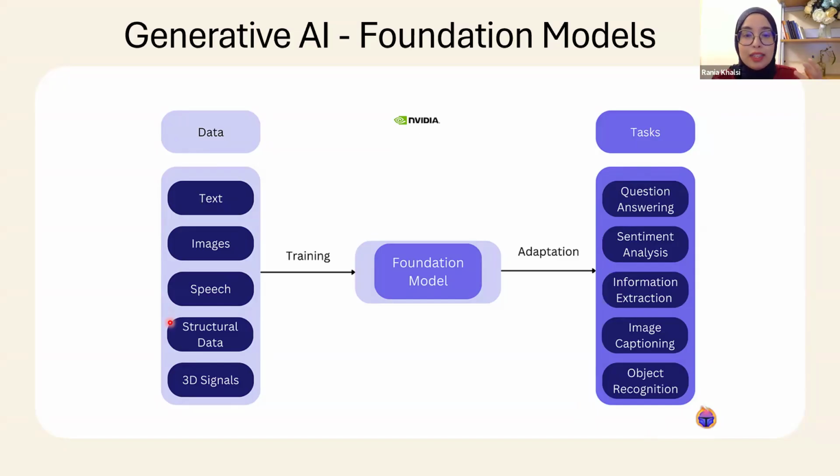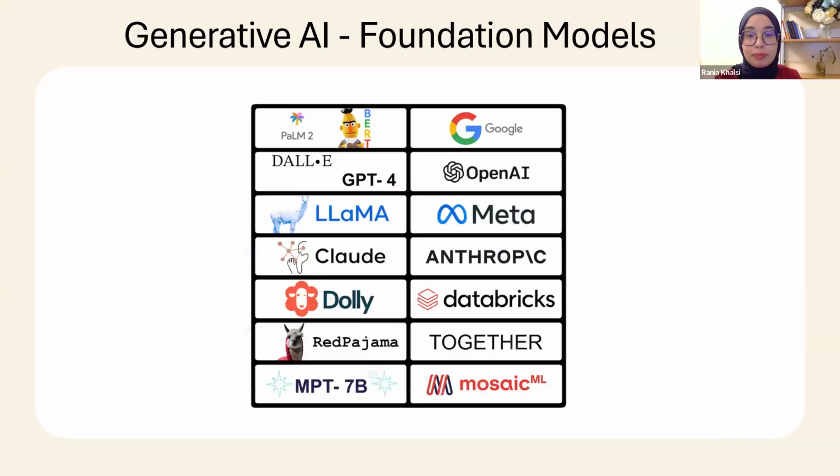So the idea is clear: we have a single foundation model trained on massive multimodal data, trained on images, on text, on different modalities. This gives it the ability to be adapted to perform many different tasks or applications. Okay, so this is the main idea.